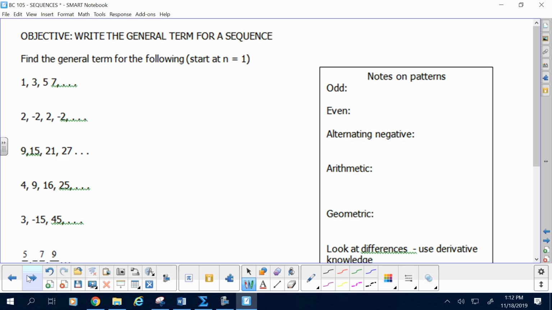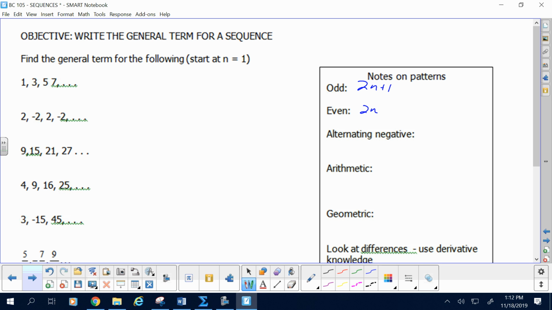Next idea. From a pattern, finding the general term. This is fun. There are lots of ideas that should go through your head. In order to generate odd numbers, think 2n plus 1. In order to generate even, think 2n.